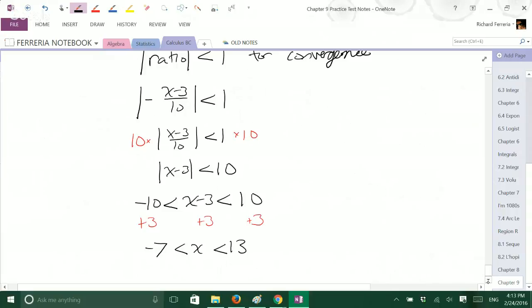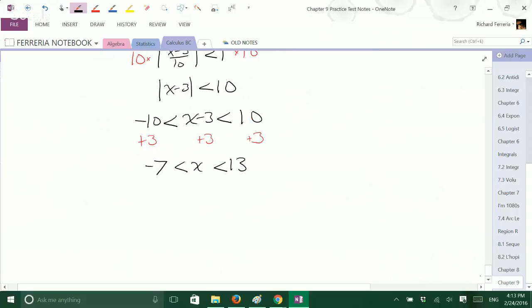So what do we have? We have the series converges. Oh, I'm sorry, we didn't get the sum, right? The sum is equal to the first term, which was 1, over 1 minus the ratio, x minus 3 over 10.